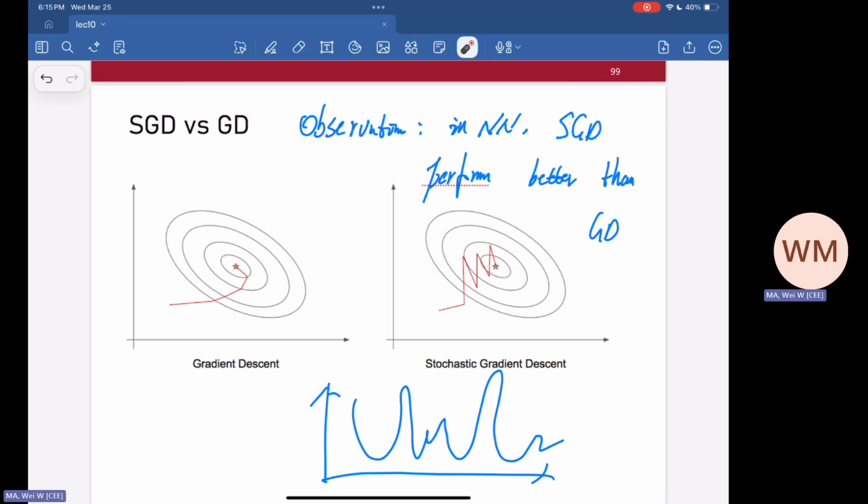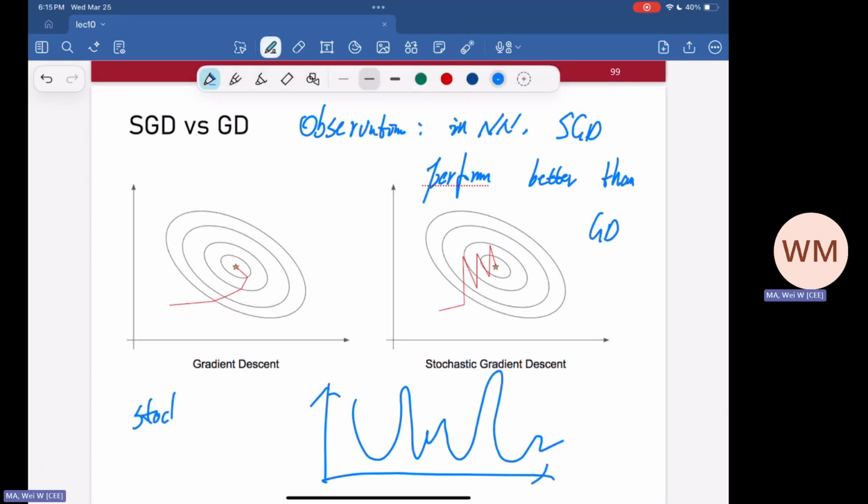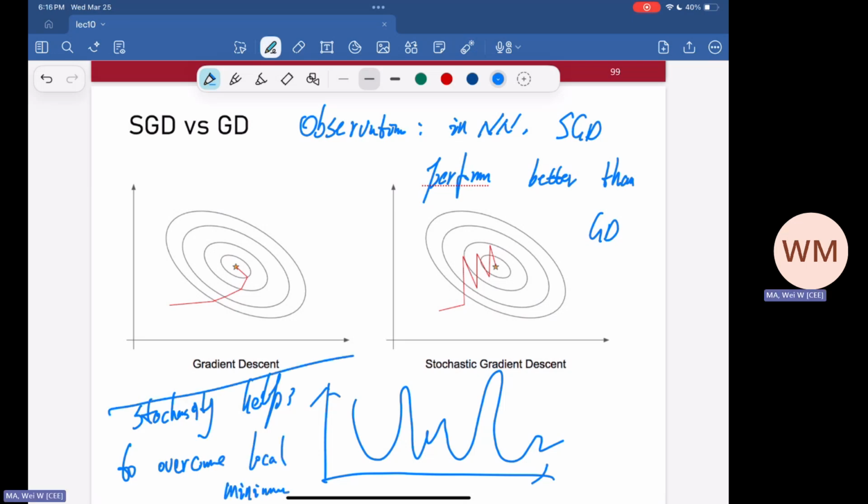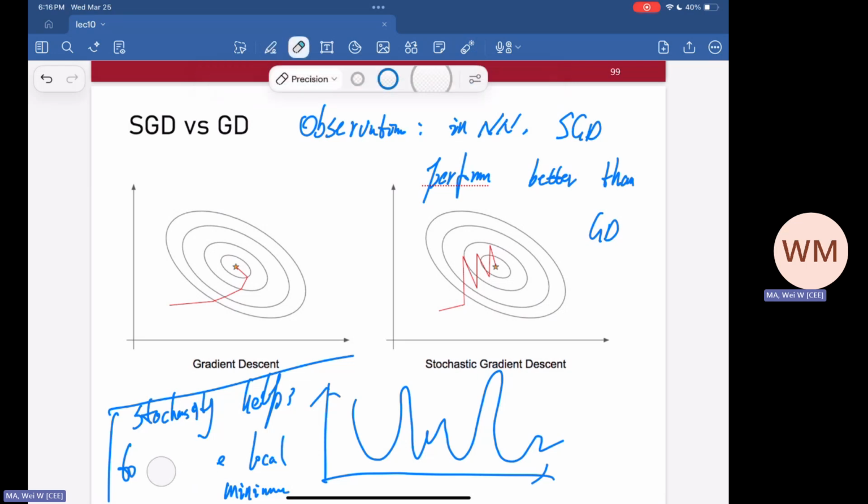So adding some randomness is actually better for training in this case. So stochasticity helps to escape local minima. Or I shouldn't say overcome, escape.